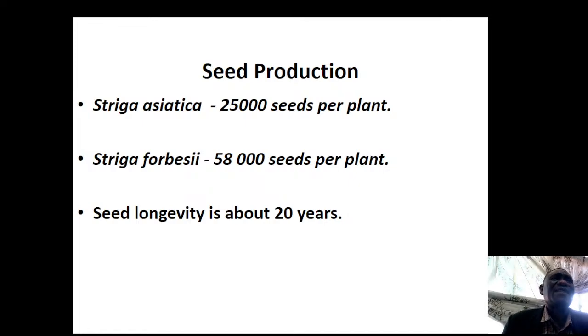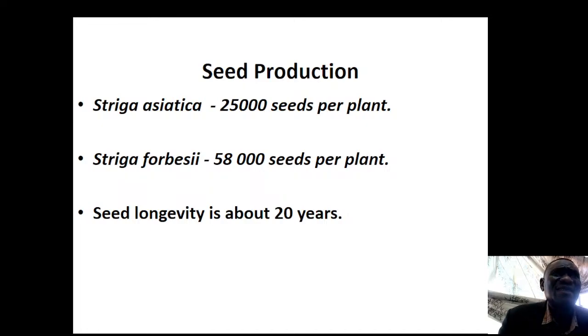On seed production, Striga asiatica can produce about 25,000 seeds per plant, whereas Striga forbesii can produce 58,000 seeds per plant.